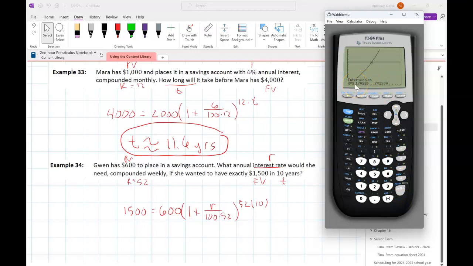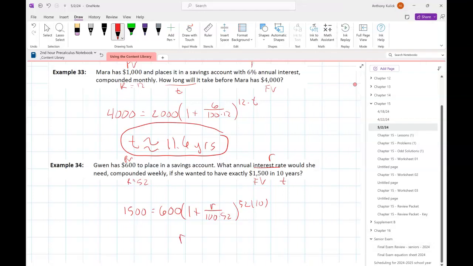So 9.17% interest. Good luck getting that there, Gwen. Maybe if you're doing a stock investment, maybe you can get a 9% return on something like that.